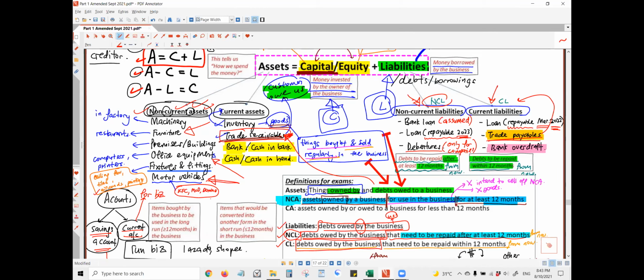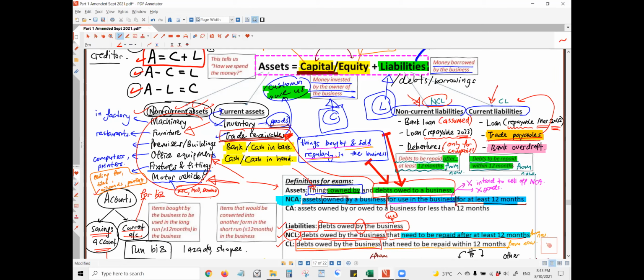Let me repeat. You look at the definition for assets. There are two parts to it. The first part says things owned by. So things owned by covers all the assets except trade receivables. And the next part of the definition, debts owed to the business, actually refers to trade receivables.